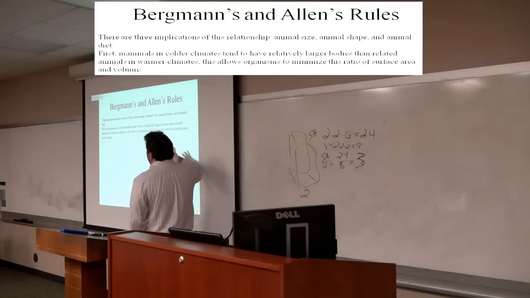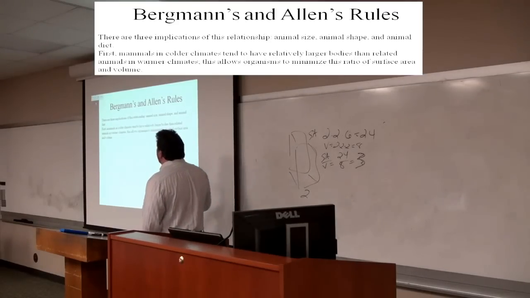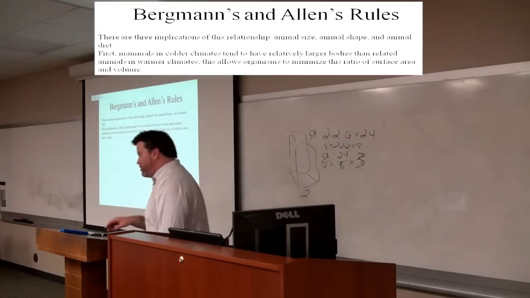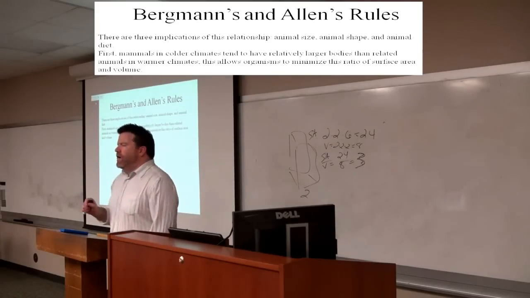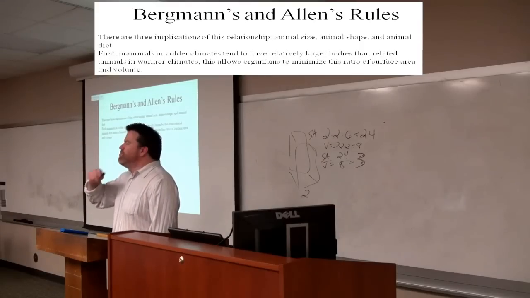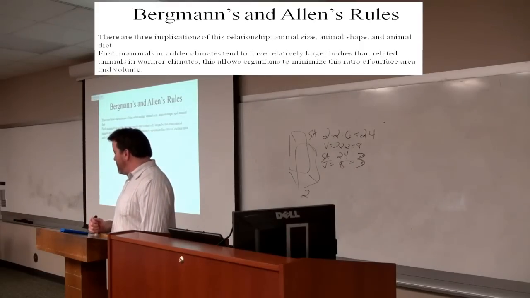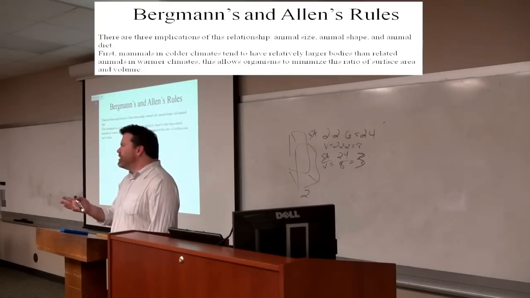Well, mammals in colder climates tend to have relatively larger bodies, because this allows them to minimize the surface area to volume ratio. Why would you want to do that in colder climates?